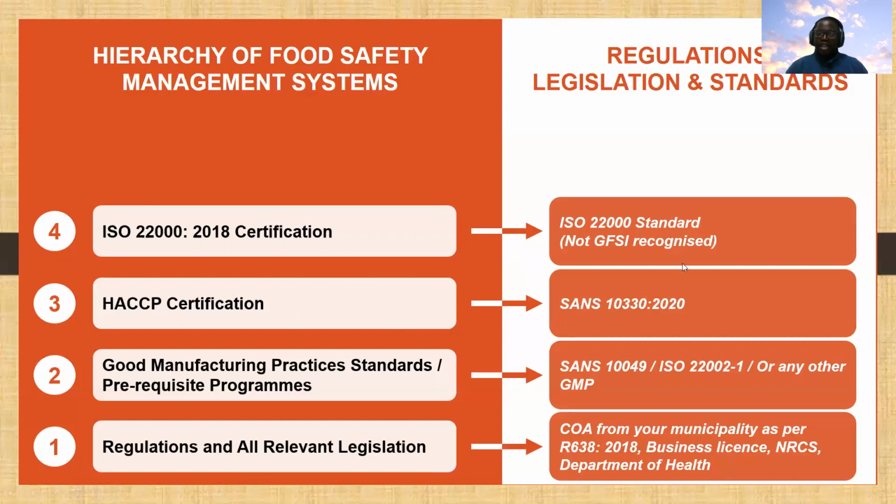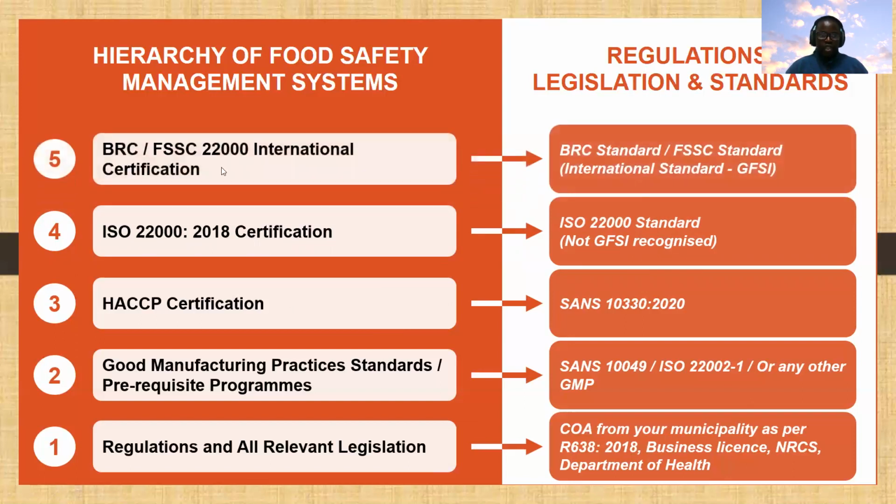Another thing that I've mentioned here is that it is not GFSI recognized, meaning that it's not an internationally recognized certification standard. Although the standard itself is international, according to the GFSI, it is not recognized as a certification standard internationally. Why is that? Because it has certain shortcomings that have been nicely addressed by the following standard, which is FSSC 22000.